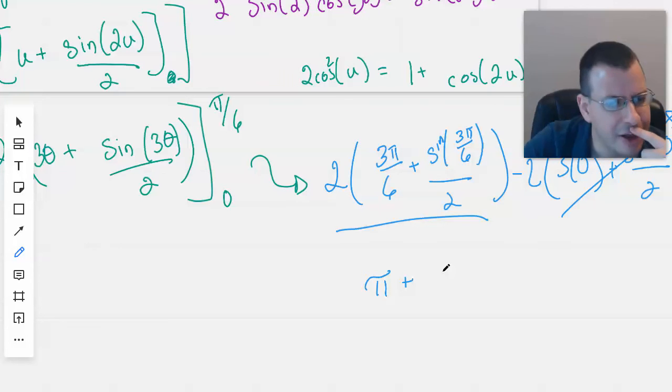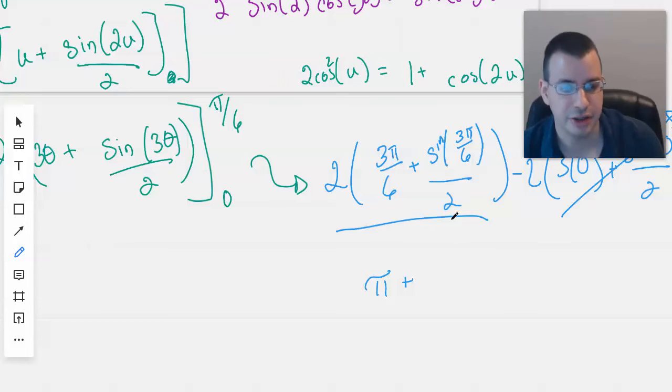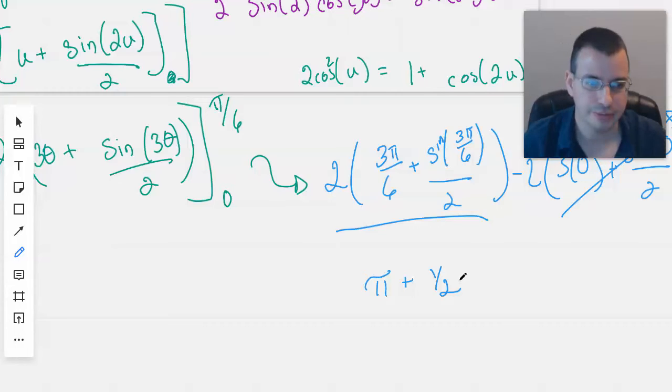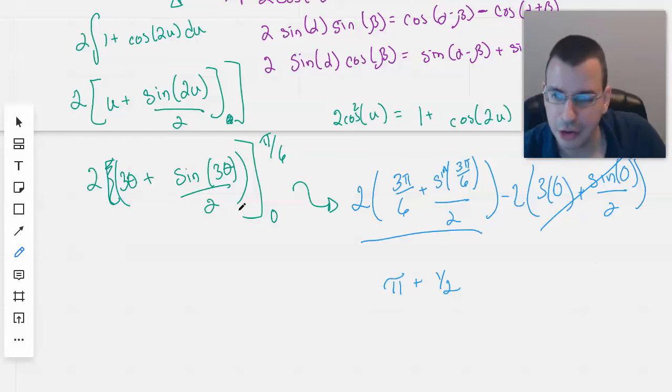Yes, 1/2 divided by 2 would be 1/4, times 2, which would be 1/2. And then on the other one, that all went to 0 because 3 times 0 is 0, and sine of 3 times 0 is still 0.